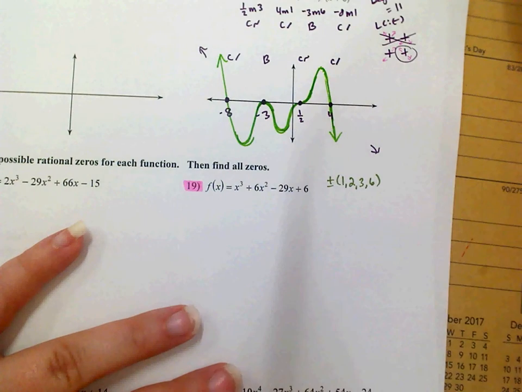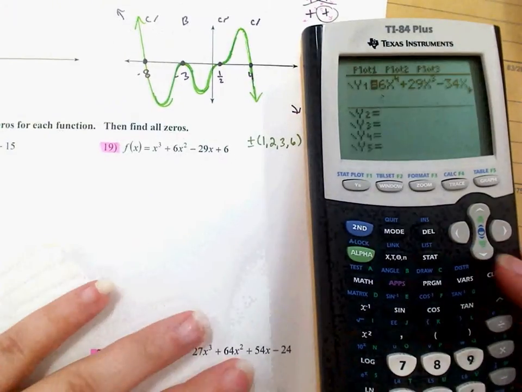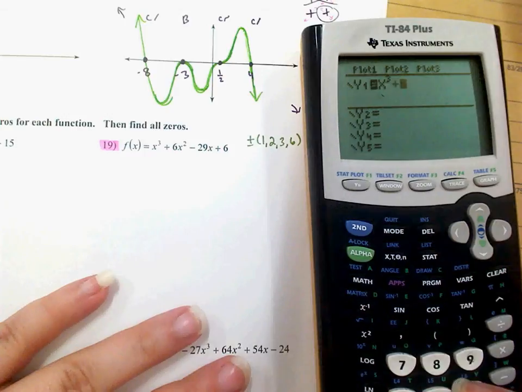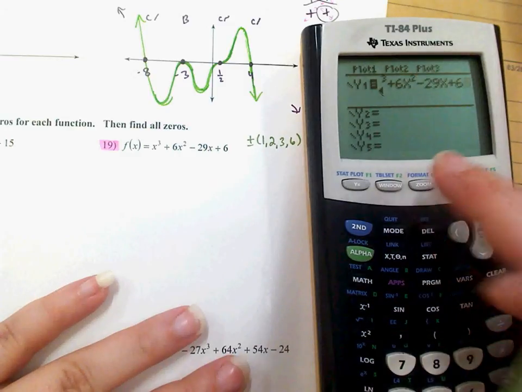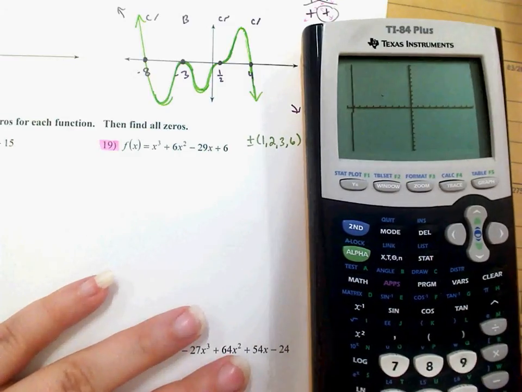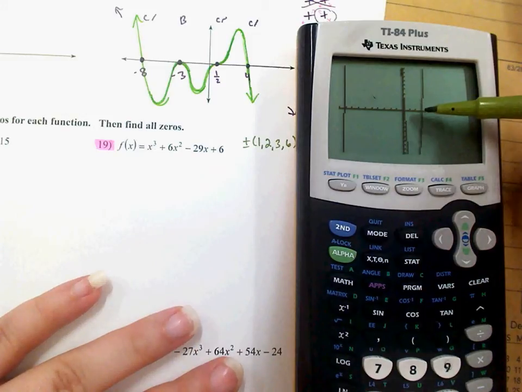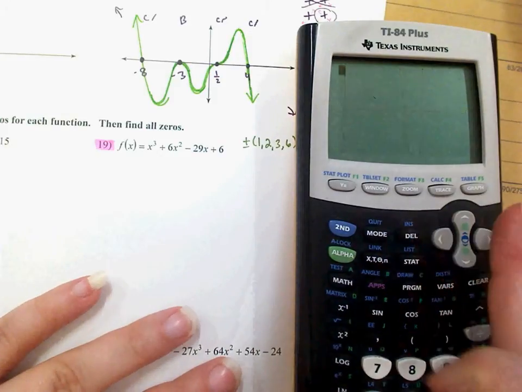So I go to y equals, and I type that in: x raised to the third plus 6x squared minus 29x plus 6, and zoom 6. Remember, only whole numbers are possible, and it looks pretty clear that positive 3 is a whole number, whereas those are not. Okay? So I'm thinking that I'm going to do synthetic division with a positive 3.